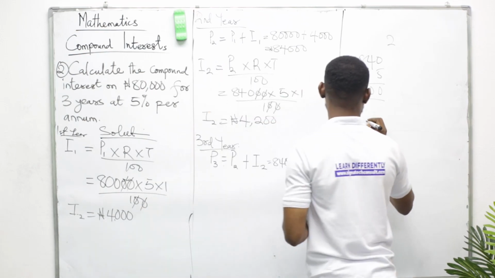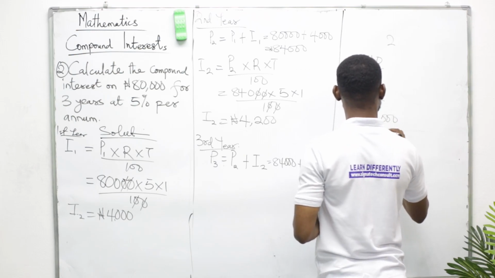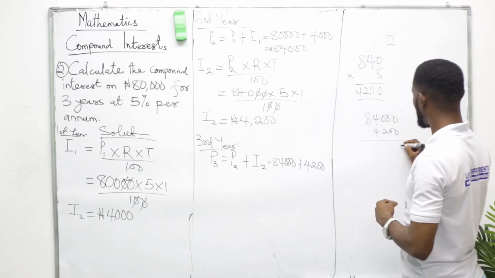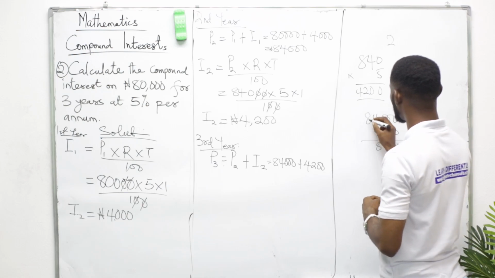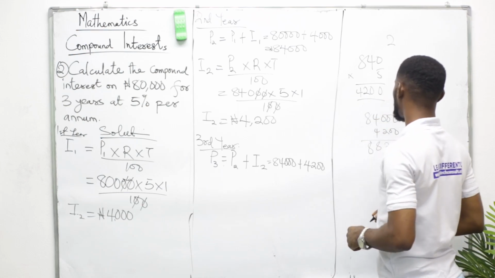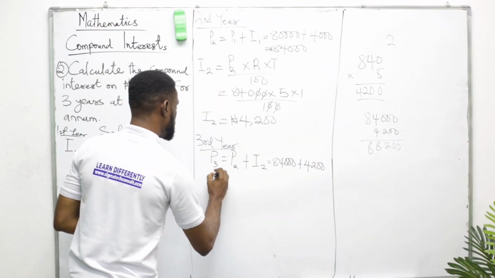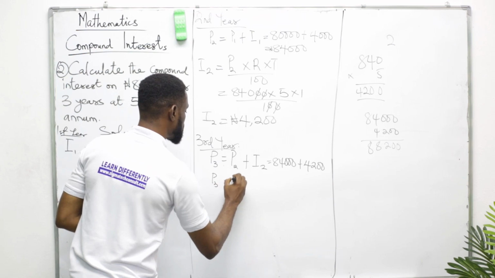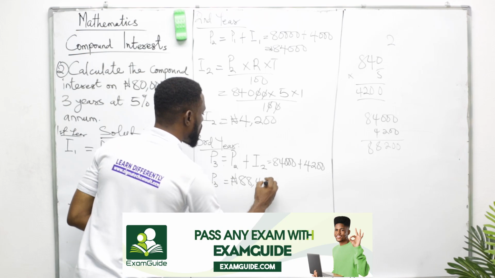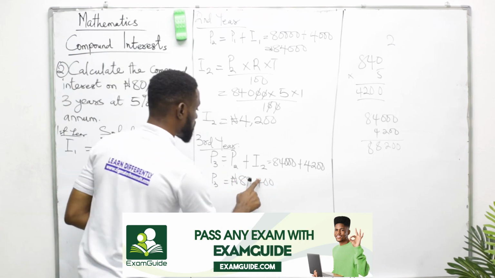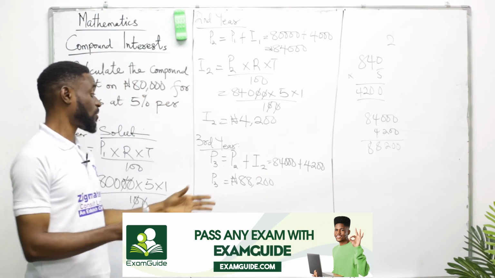When we add that together, we have 88,200. So this is P3, our principal for the third year.